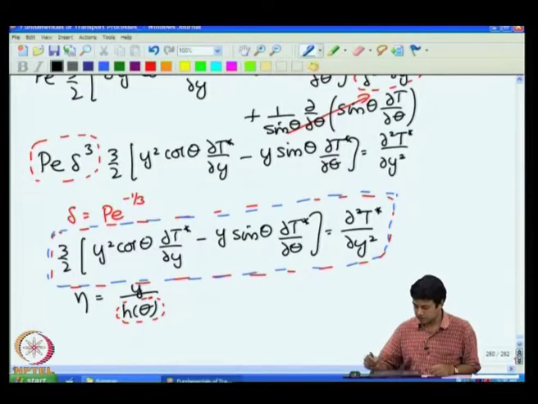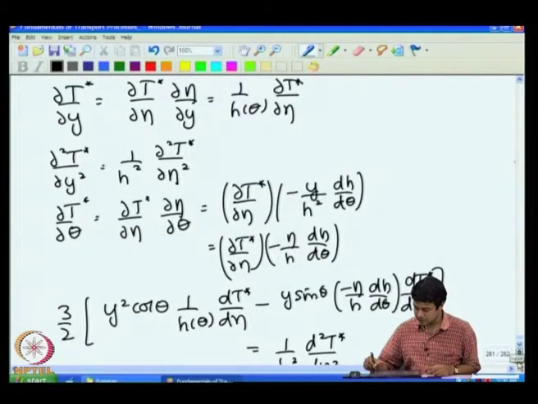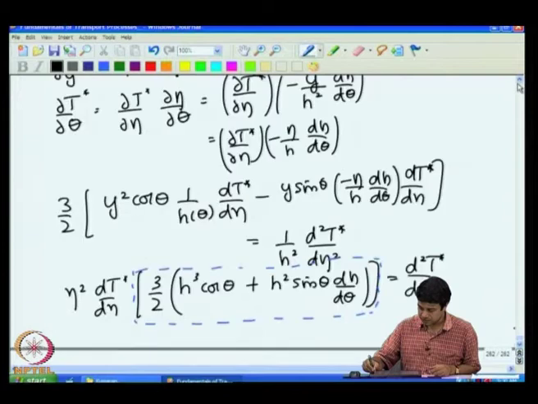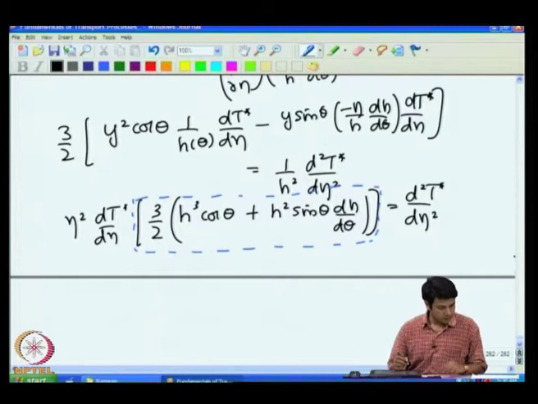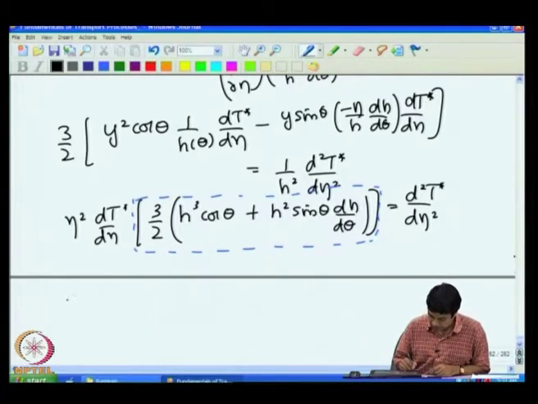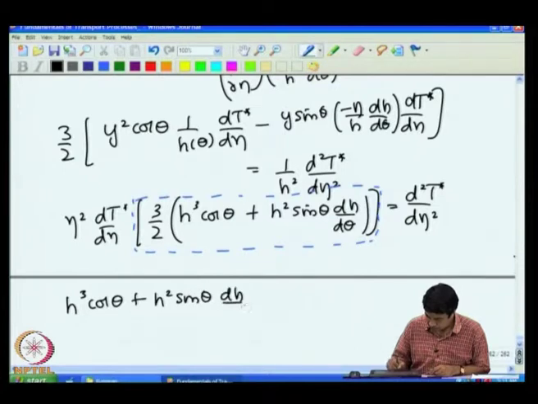If I choose a positive value, of course, I get an exponentially increasing temperature. And so, I cannot choose a positive value, but any negative value that I choose, I will end up getting the same solution. Now, the simplest negative value that I can choose in this case, the most convenient one, is to choose h cubed cos theta plus h square sin theta dh by d theta is equal to minus 2.